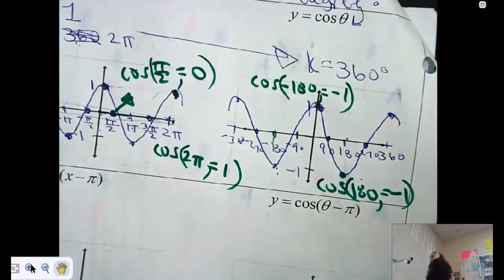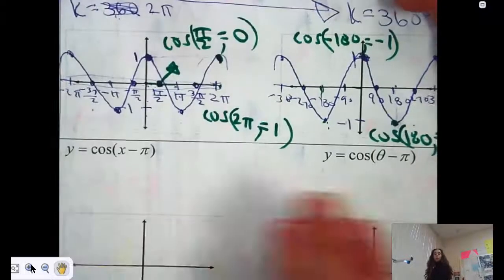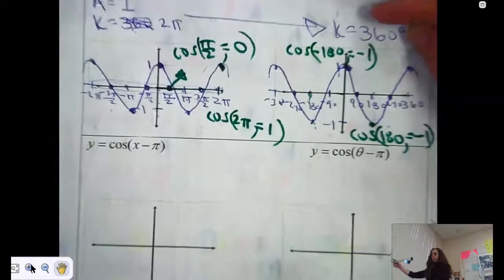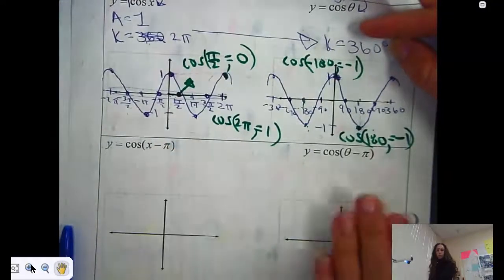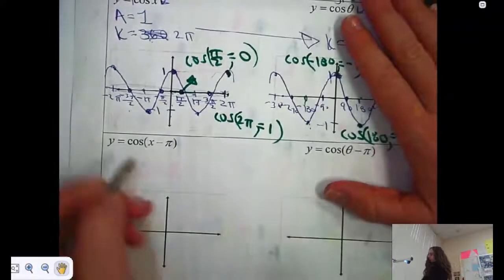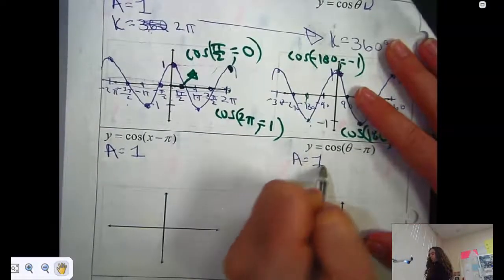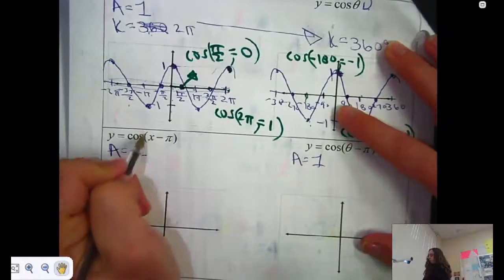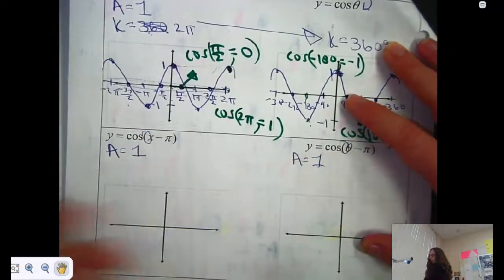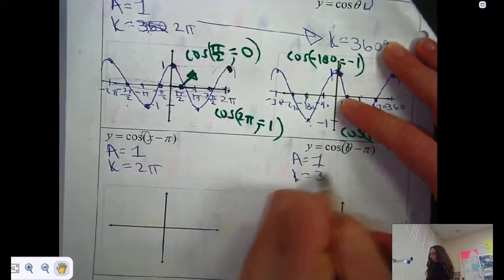Okay? So now that we did that, let's try these two. What is the only difference between these two? This is in radian mode, and this is in degree mode. Okay? So, let's do this. What's the amplitude? 1. What's the period? Whatever's in front of those things. 2 pi, 360.